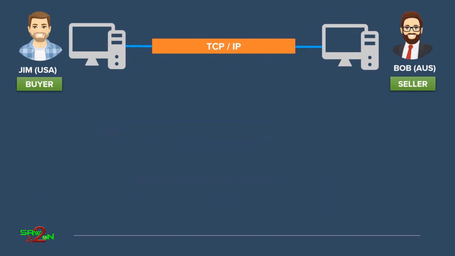Now when Jim uses his PC to communicate with Bob's PC, they use a protocol called TCP/IP. We're going to deep dive into the TCP/IP protocol in the next lecture. But on a very high level, when two PCs communicate, they have to agree on a protocol. If two PCs want to transfer data, they agree on a protocol called TCP/IP.